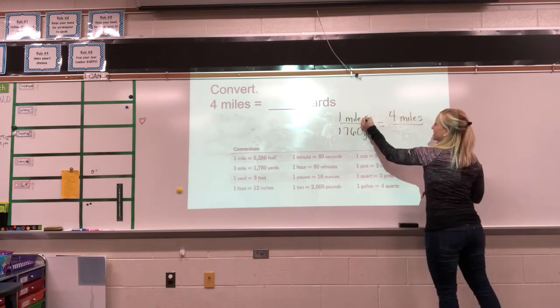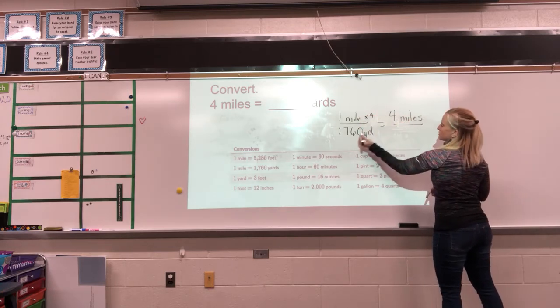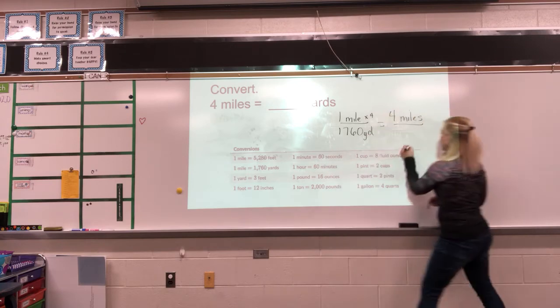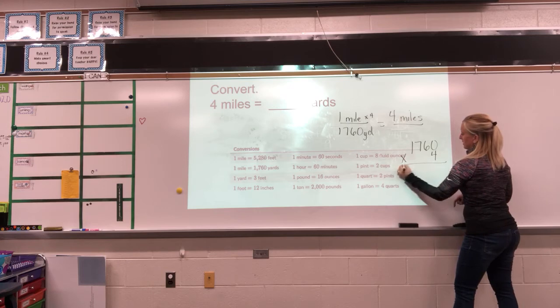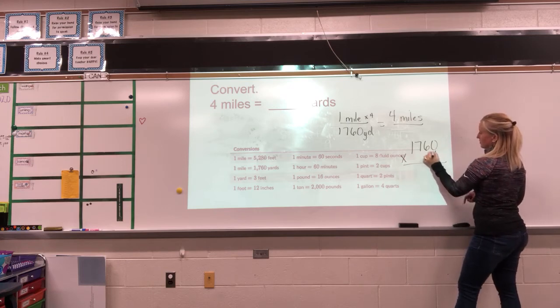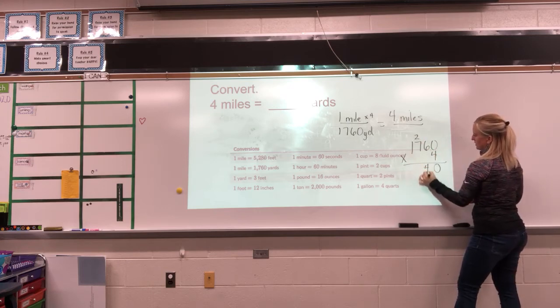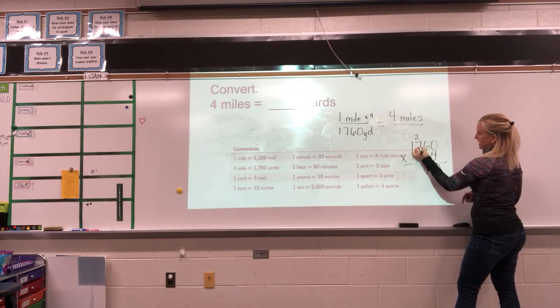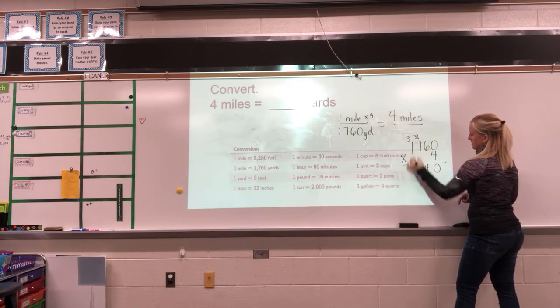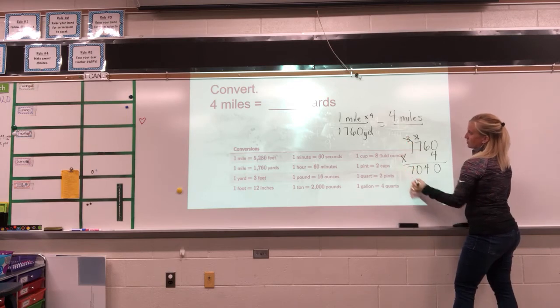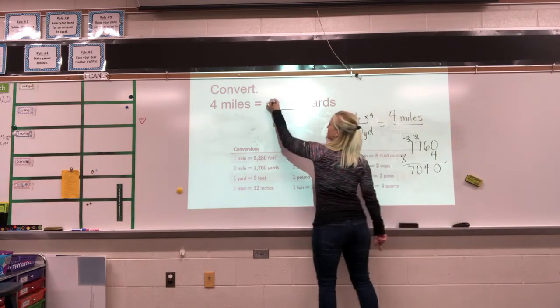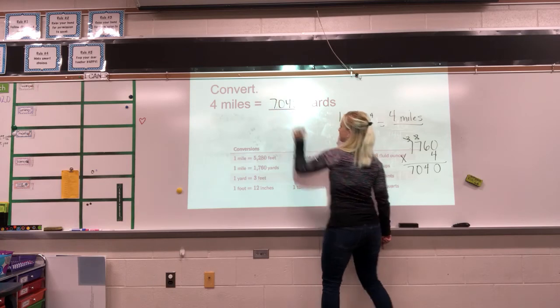Well, 1 times 4 is 4, so I need to do 1,760 times 4. 4 times 0 is 0. 4 times 6 is 24. 4 times 7 is 28, 29, 30. And 4 times 1 is 4, 5, 6, 7. So that's going to be 7,040 yards.